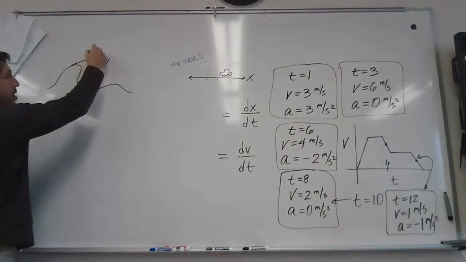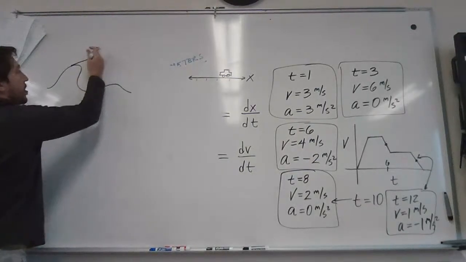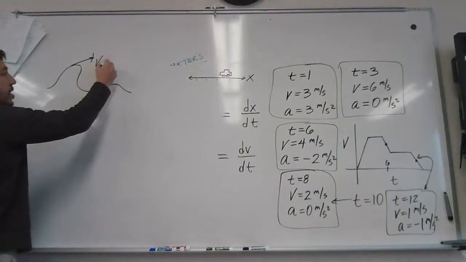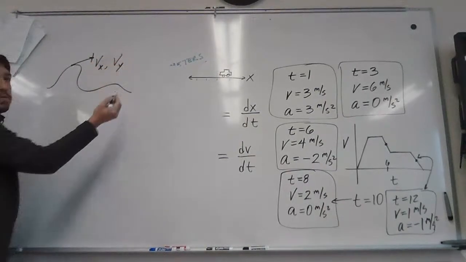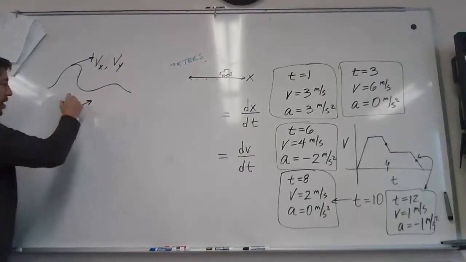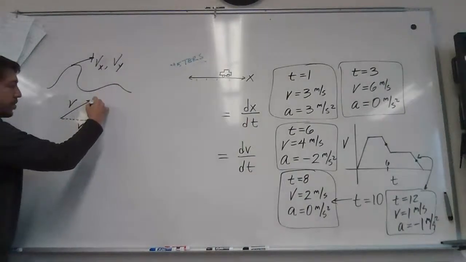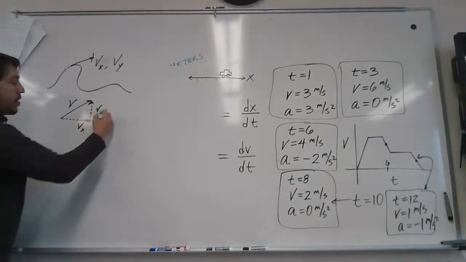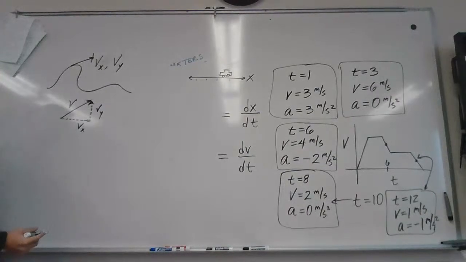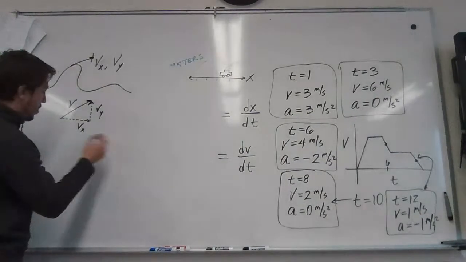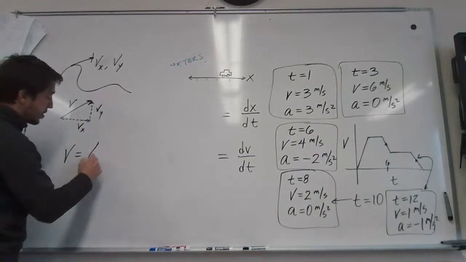So actually what you'd say is there's velocity in the x direction and velocity in the y direction. So, like a vector, here's my velocity, here's his component in the x direction, and then there's a component in the y direction.